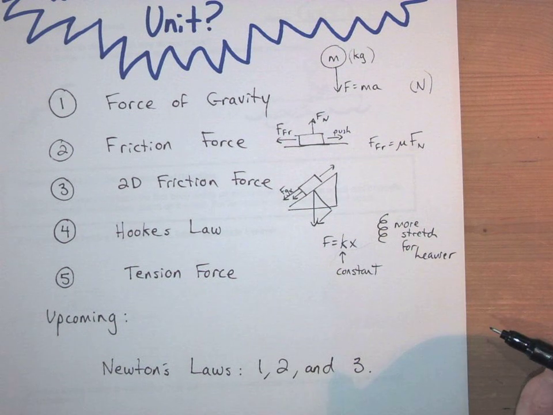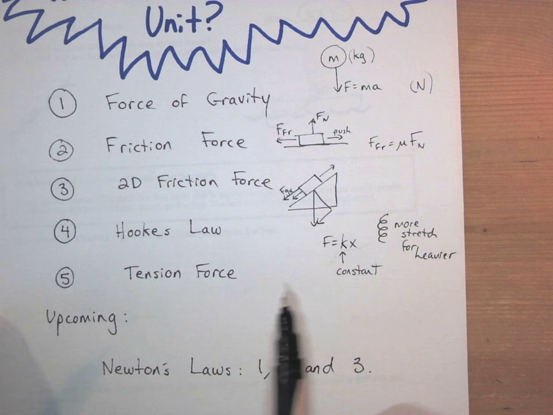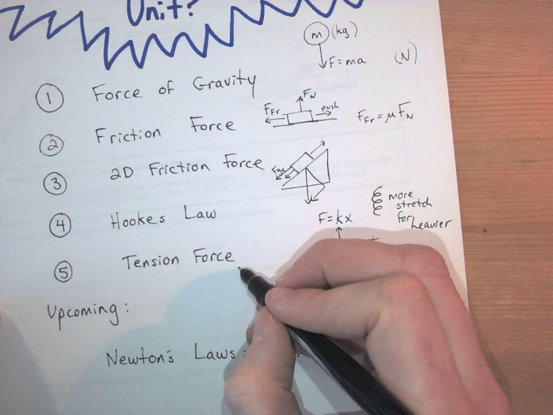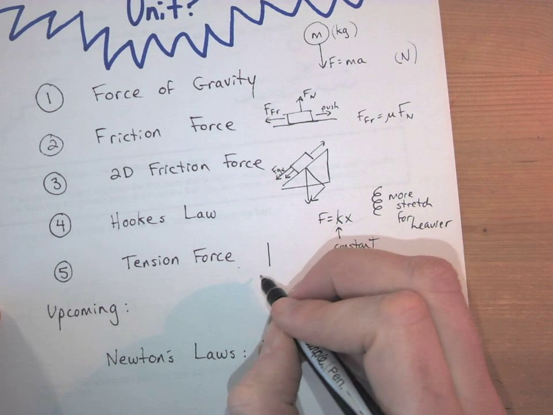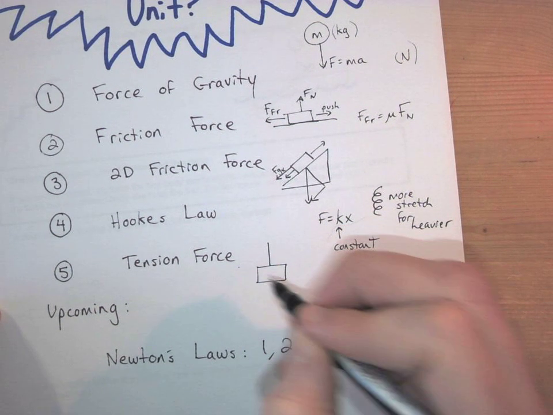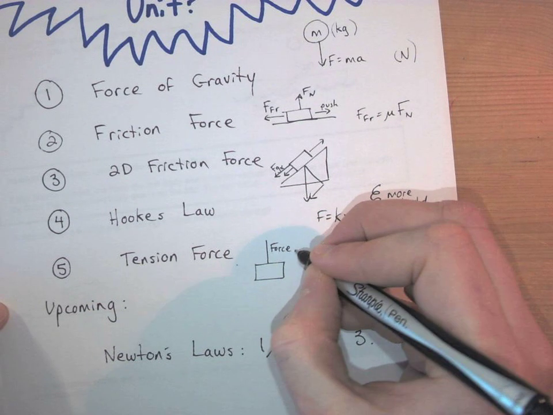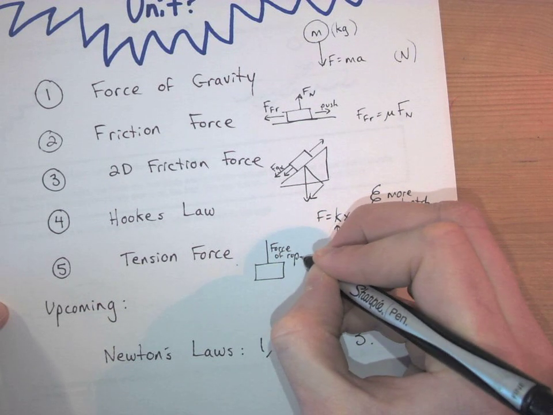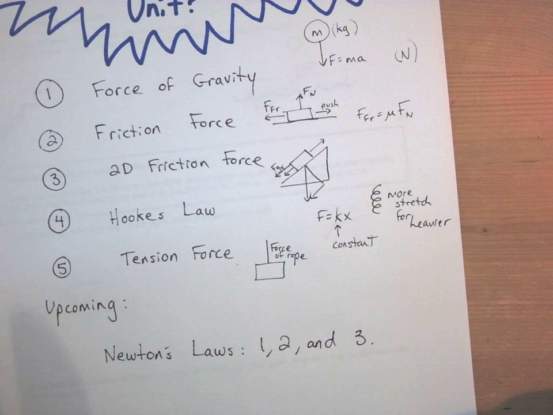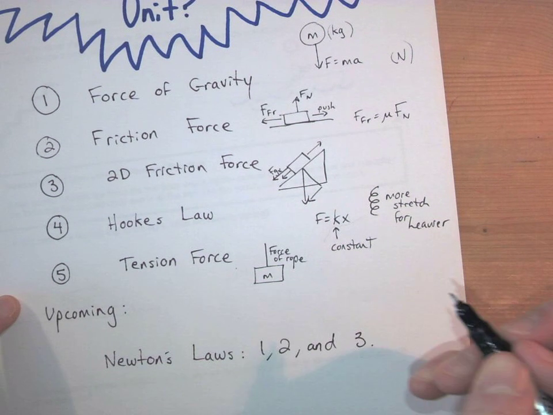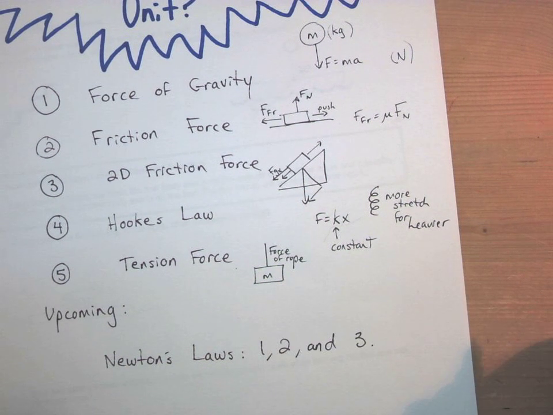And then we have a tension force, which was pretty much where we have ropes. The tension of the rope is the force of the rope. In most of our questions it was just the same as the force of gravity of your mass and how much gravity is on that.